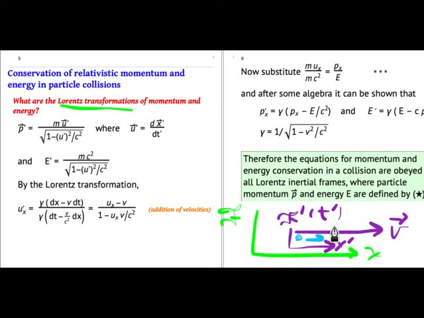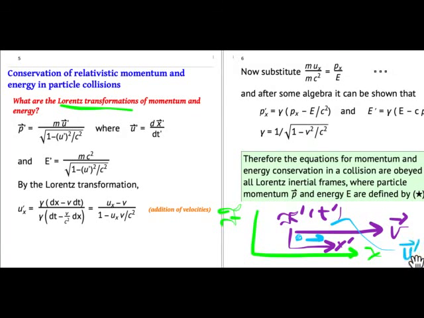So let's say its velocity relative to F prime is u prime. So an observer observing this particle moving in the train will see it with velocity u prime. But of course, an observer standing on the Earth and watching what's happening inside the train will observe this particle with a different velocity, u.